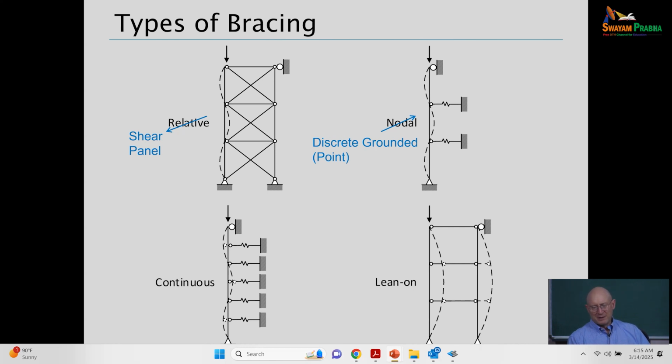Then if we take either of those really, and if we have a situation where the column has a large number of brace points along the length, such that the spacing between the brace points starts getting small compared to the overall member length, then we're approaching a continuous bracing. So a good example of a continuous bracing is, okay, you've got a rail for a railroad, and you've got the railroad ties.